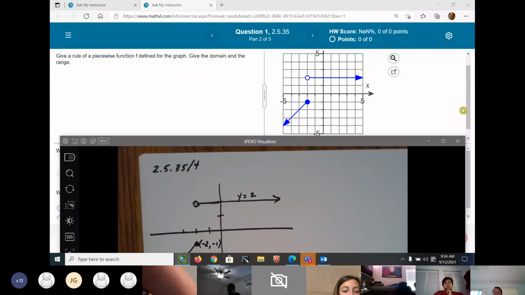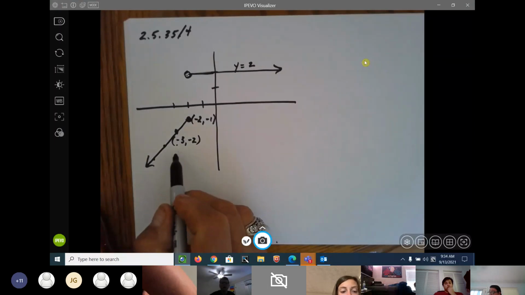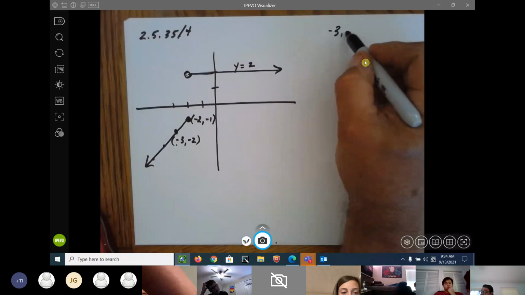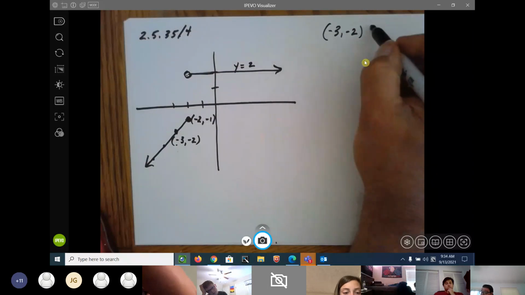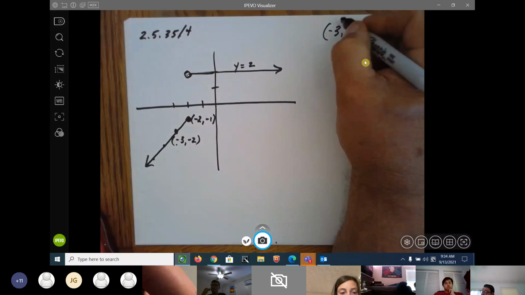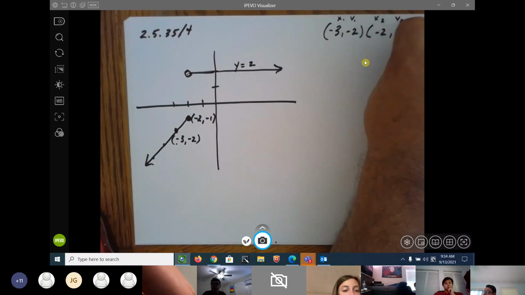Okay, so what are these 2 graphs? Well, we don't know this one. We've got to figure this one out. So I'm going to go over here. That's going to be -3, -2, -2, -1, x sub 1, y sub 1, x sub 2, y sub 2.